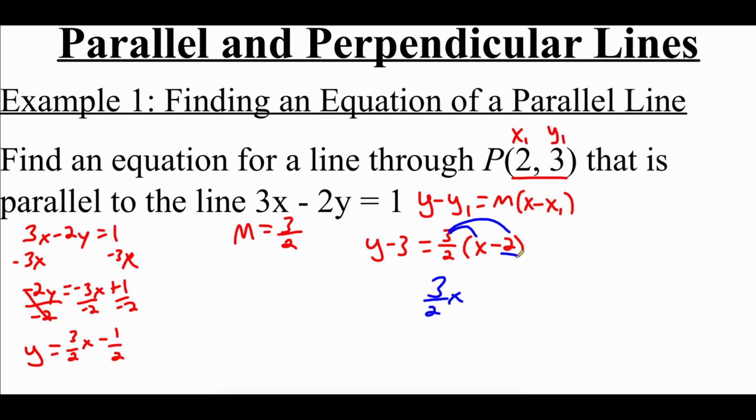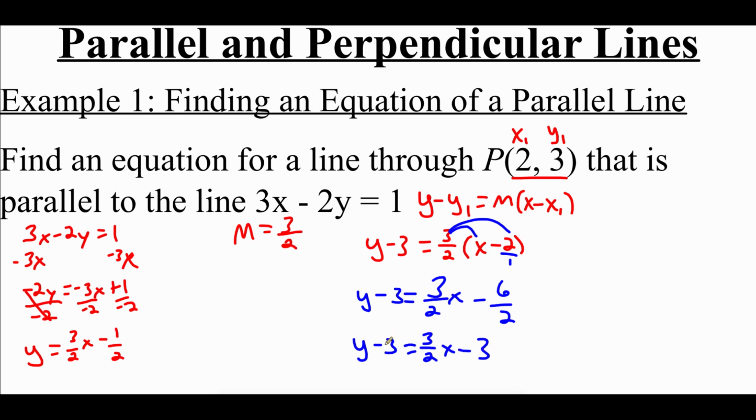Negative 2 is a fraction, it's just technically over 1. When you multiply fractions, you multiply the top numbers. So we're going to get negative 6 on top, and then on bottom, 2 times 1 is 2. The left-hand side is still y minus 3. We can do a little bit of cleanup work with the negative 6 divided by 2. So we've got y minus 3 equals 3/2 x minus 3.